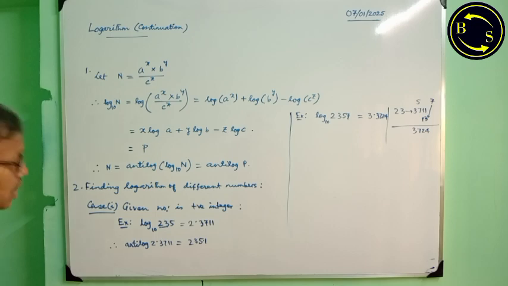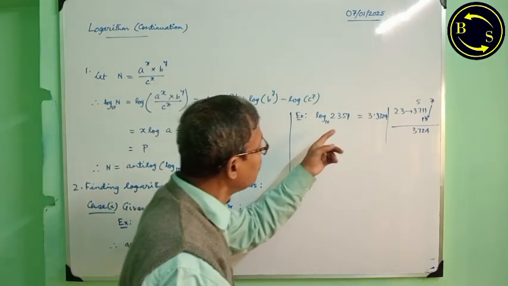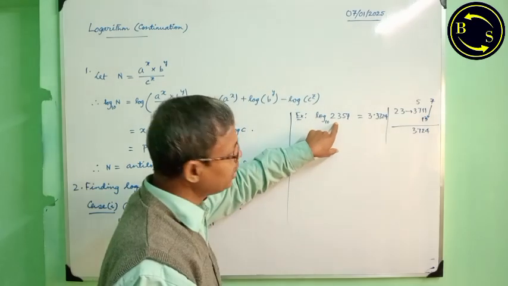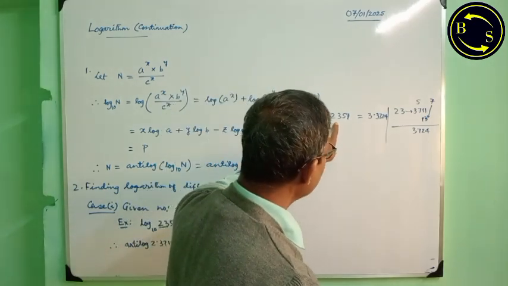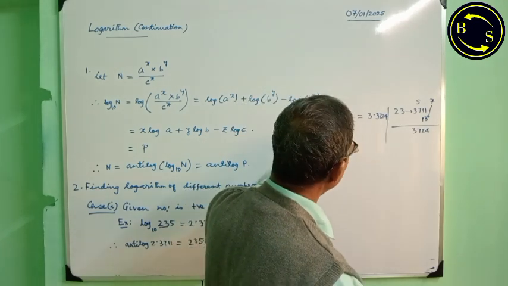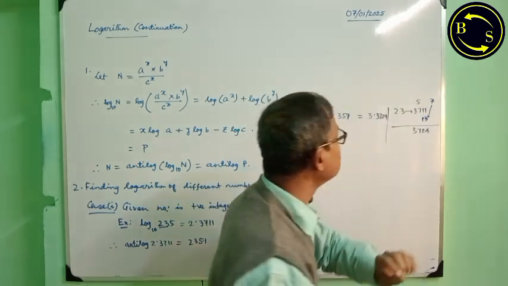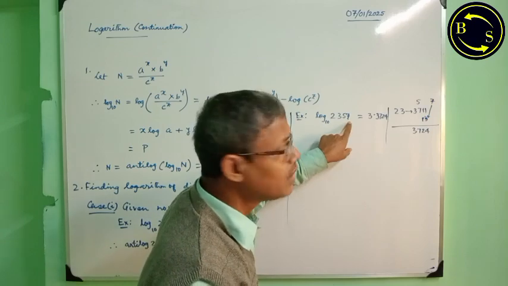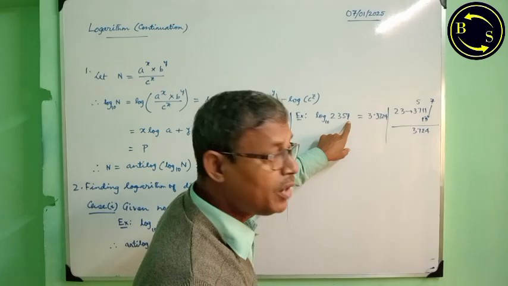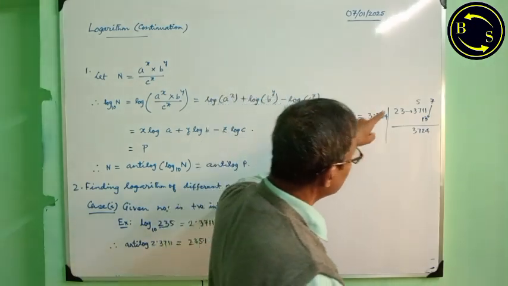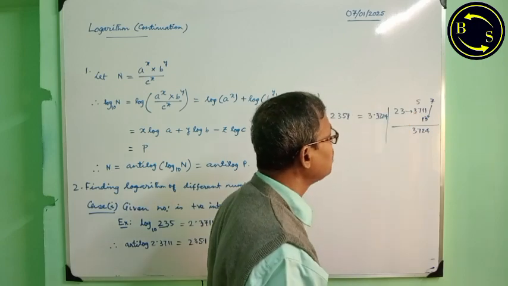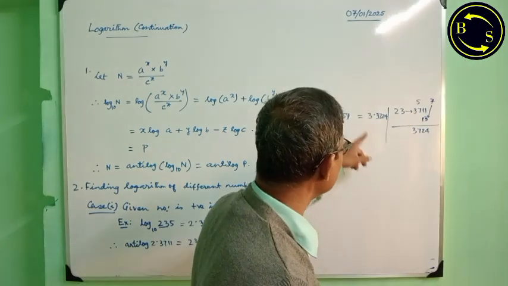First of all, we go to the row headed by 23. Then on the right side there are digits. For 5 we get 3711, and for 7, that is at the last place, we go to the mean difference column, and from that we get 13. 13 is to be added with this 3711 to get the logarithm of this whole number.